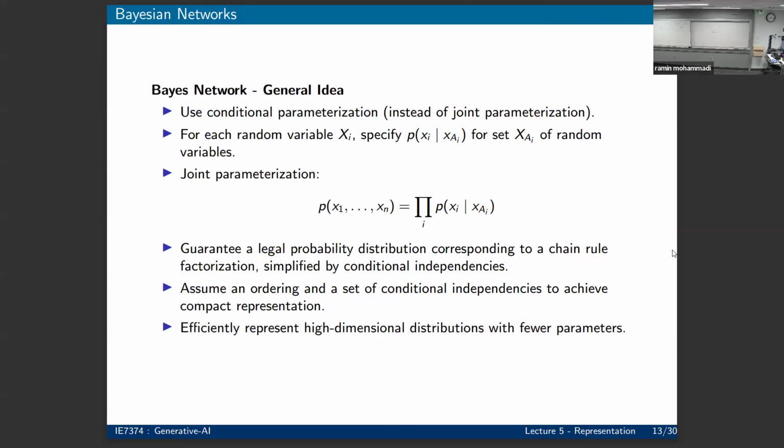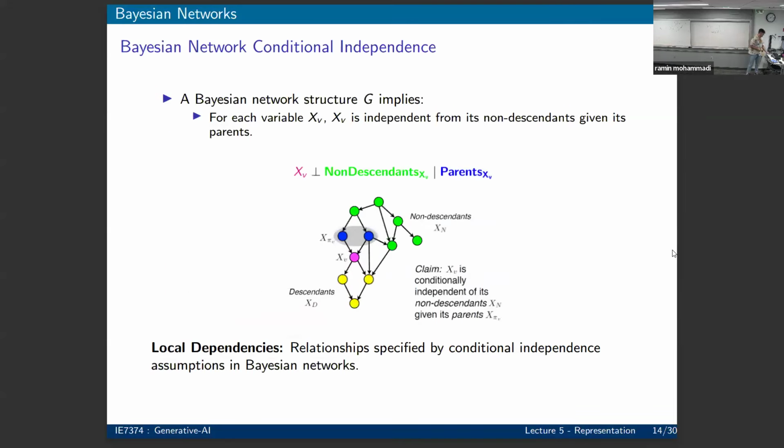This guarantees a legal probability distribution, meaning a distribution that sums to 1 and is always positive. You assume some ordering for the representation, and it's also highly efficient. This allows you to represent a high dimensional image with a lower number of parameters.